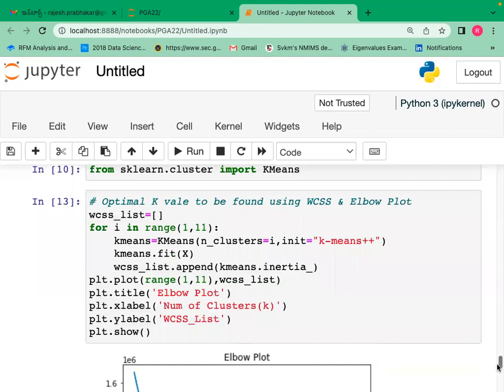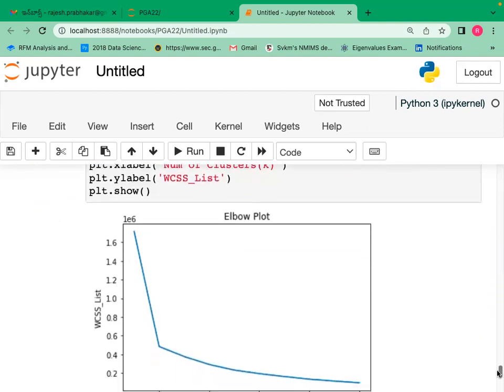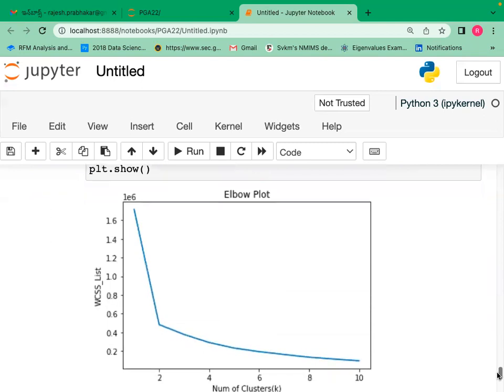Now, what do you think is the K value? Acha, we have taken those two variables also, right? That's why it is giving us a different K value.